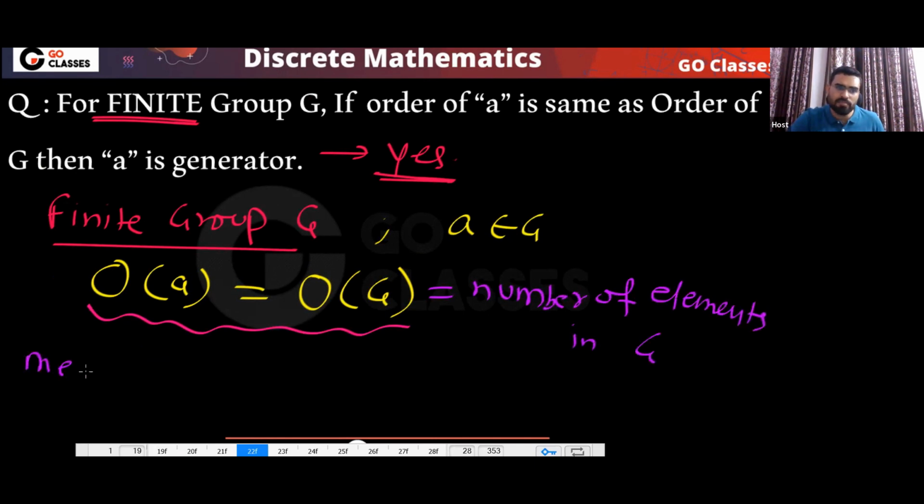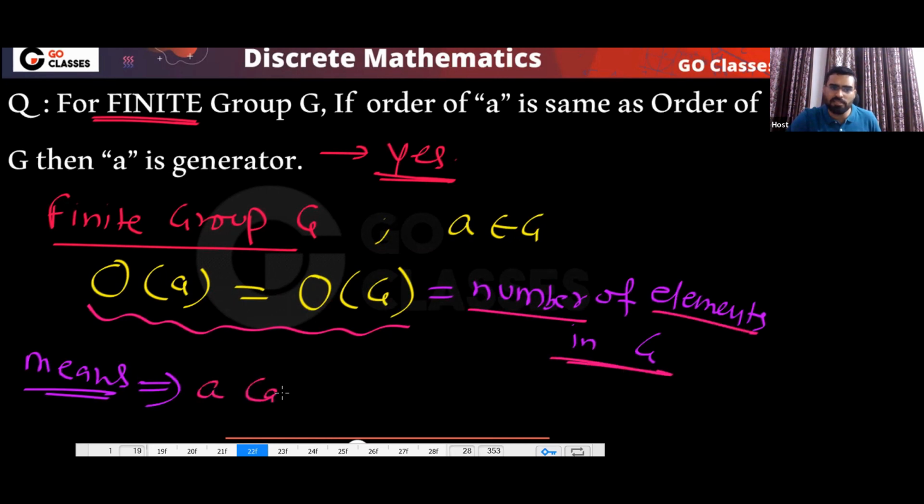It means A can generate all the elements of G. So remember, for a finite group, this will happen.